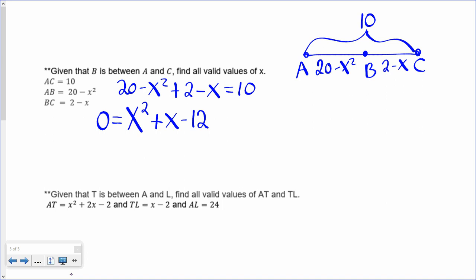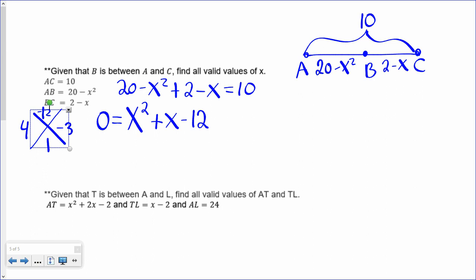Okay, so now this is where we factor. Remember we practiced this? Alright, I need two numbers. I need to multiply the first and last number together, which is negative 12. What's the middle number? 1. So I need two numbers that multiply to get negative 12, but add to get positive 1. Think about it. Not negative 4. 4 and negative 3.